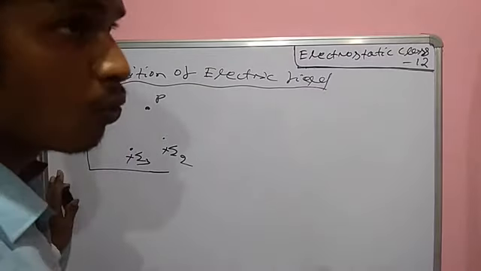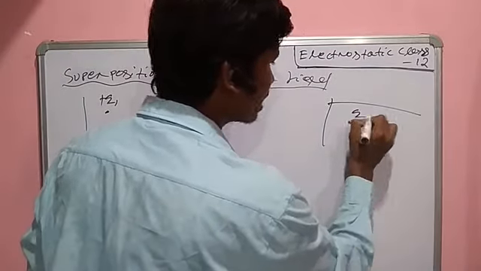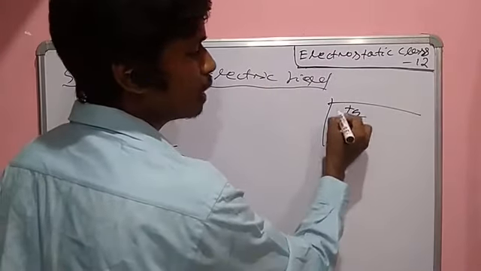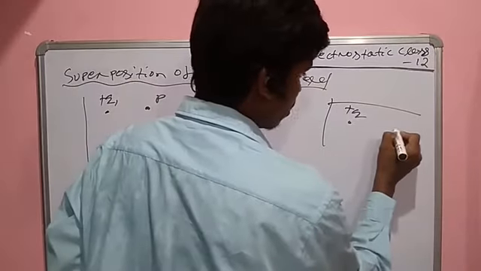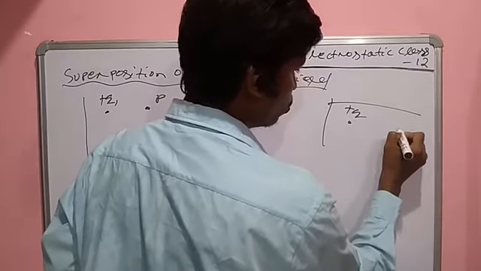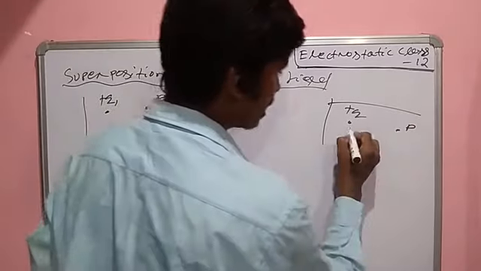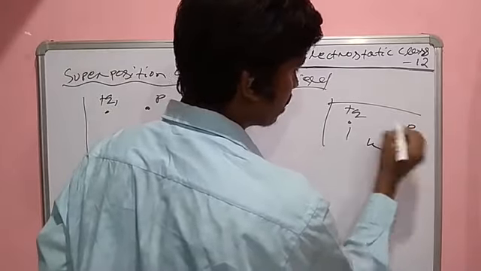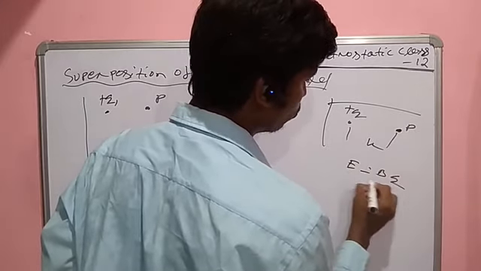We have already known, due to a single point charge, we choose a point P at a distance x. Here the electric field is what? E is equal to beta Q by x square.